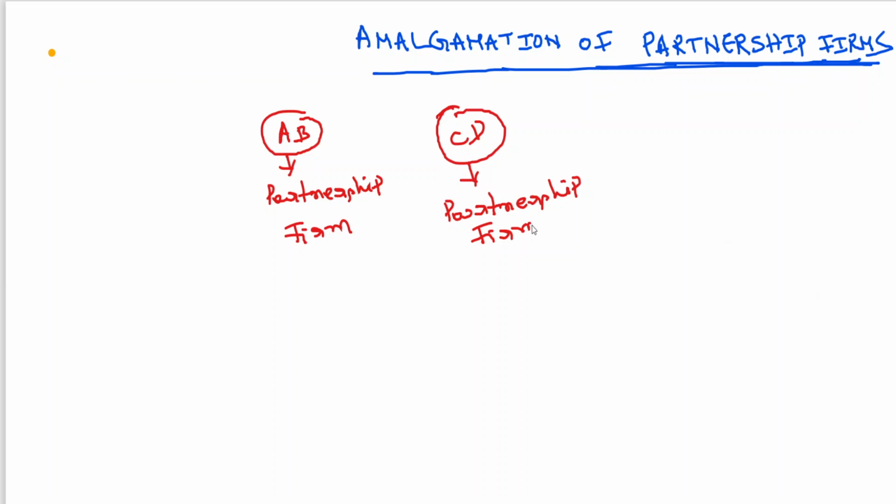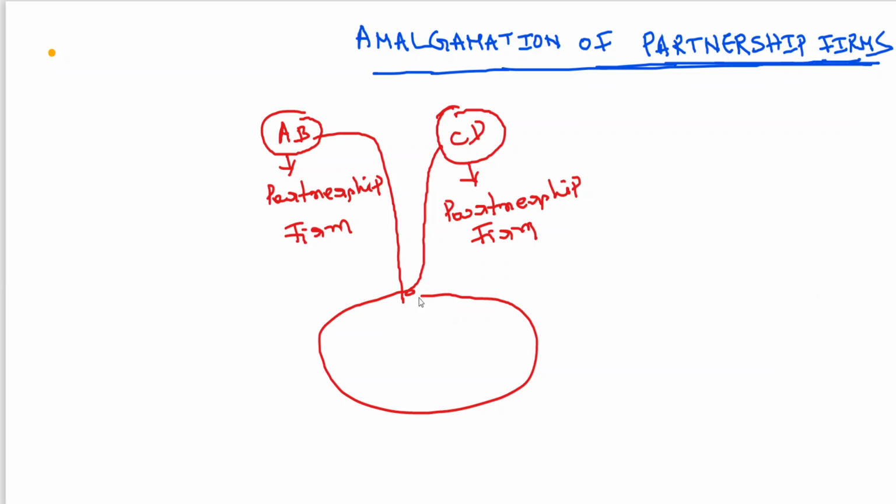Now, in future, these two partnership firms have become ABCD. So this is the new firm. AB was having a different management, and CD firm is having a different management. Now ABCD is a new partnership firm.